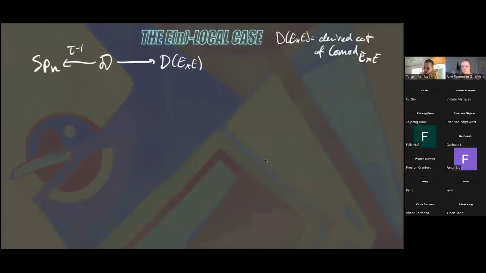It's just some Grothendieck abelian category, a very nice category, and you can form its derived category because it's so nice. And this is just the derived category of that one. Okay, so this is the kind of thing we want. This is like saying tau equal to 0.